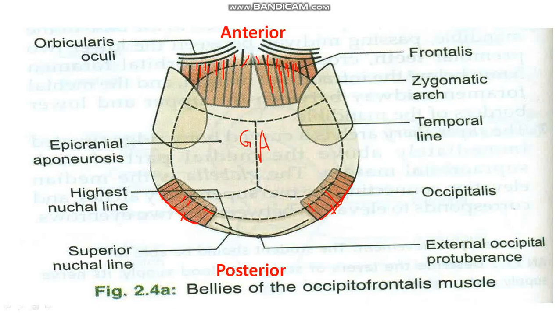This is the frontalis moving like this in a posterior direction.